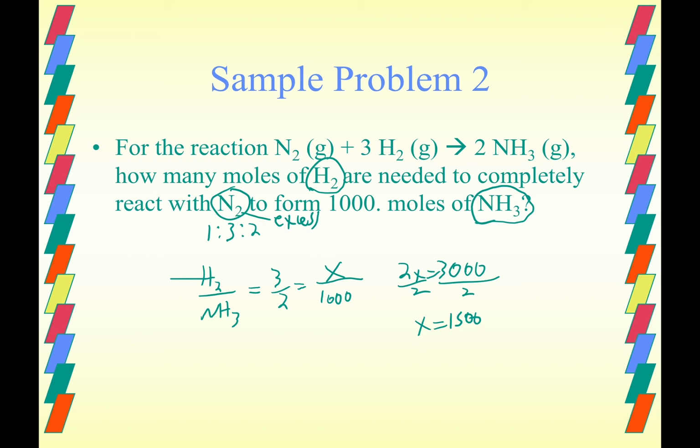When we compare 2 to 3, 3 is 1.5 times bigger than 2 is. And if we do the same thing with the 1,000 moles, 1.5 times 1,000 would be 1,500 moles of H2. So we're comparing our ratio before a change to the ratio after. We're applying that same proportionality from beginning to end.